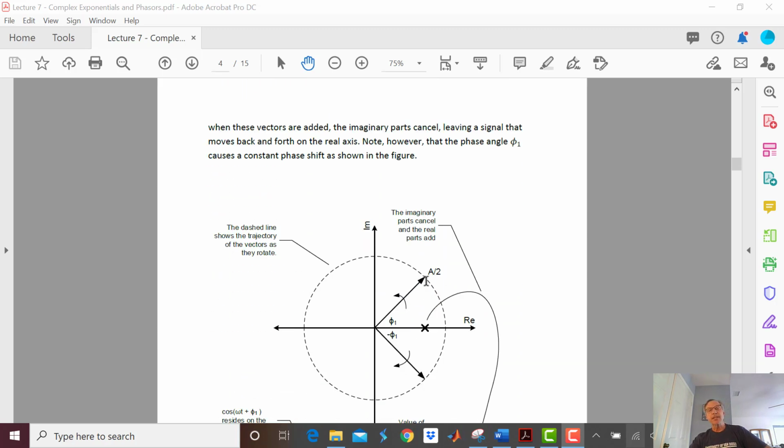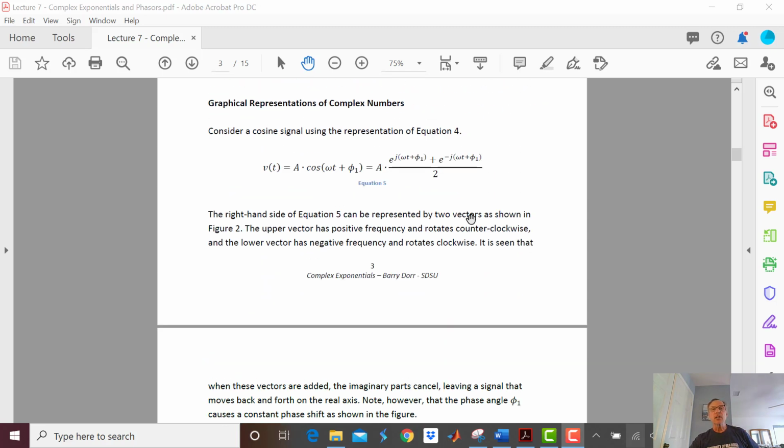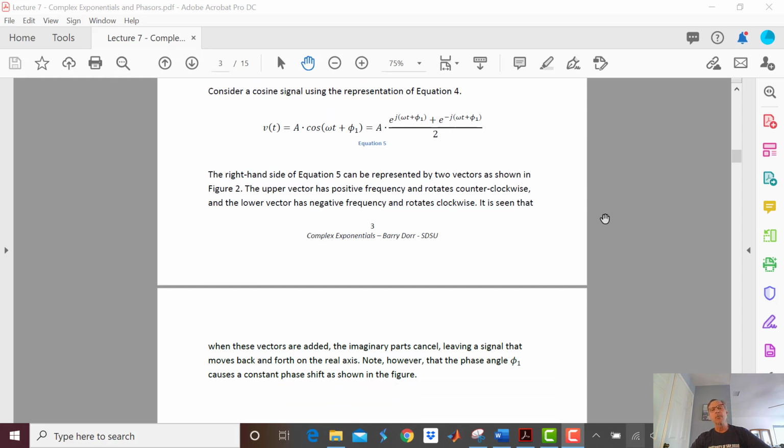And as t increases, of course, it rotates around because the amplitude doesn't change, but the phase changes. So the first vector in that expression is moving around counterclockwise. Now let's look at the second term. Here we have the same thing, j omega t plus phi 1, but now we see a negative sign. So this term has the same amplitude, A over 2, but it is rotating clockwise.